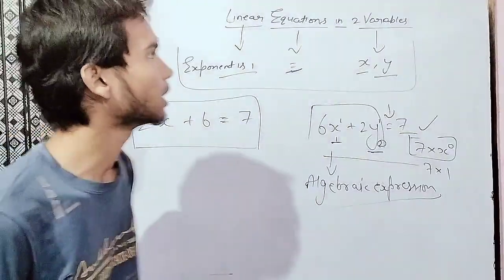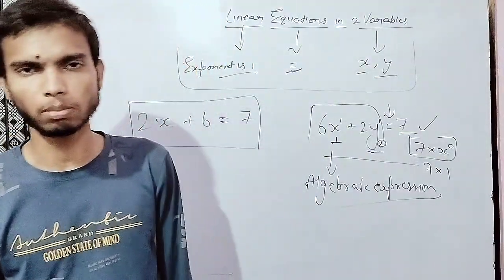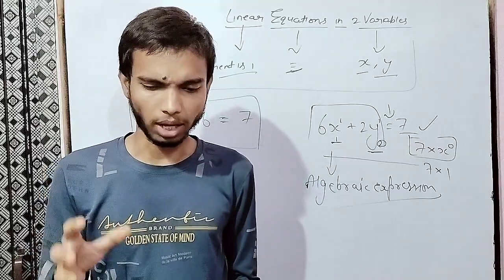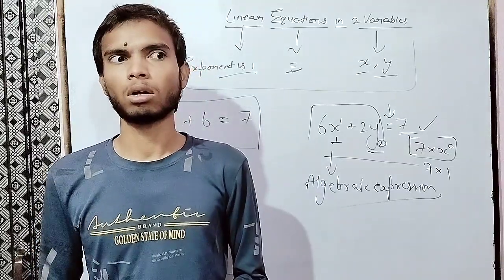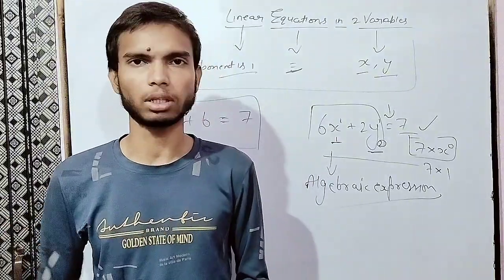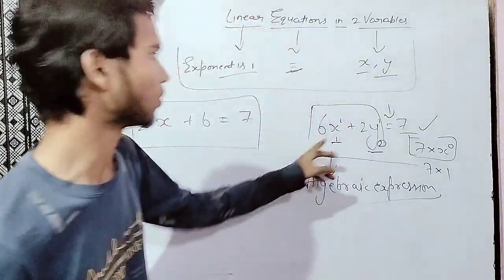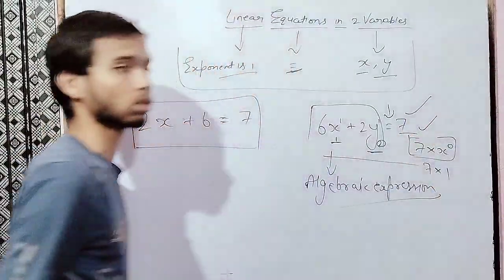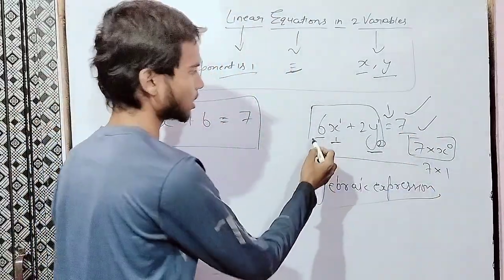So here a linear equation is made up of variables and operations, with equivalence. We have taken two variables, and 7 we know is a constant. 6 is a coefficient.